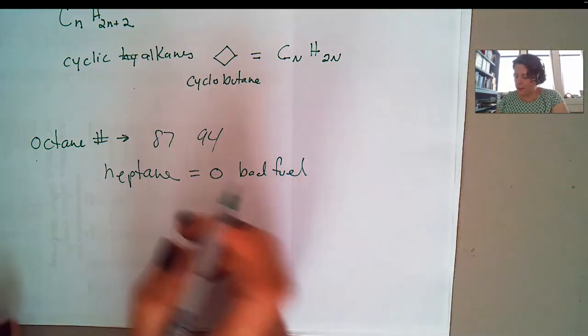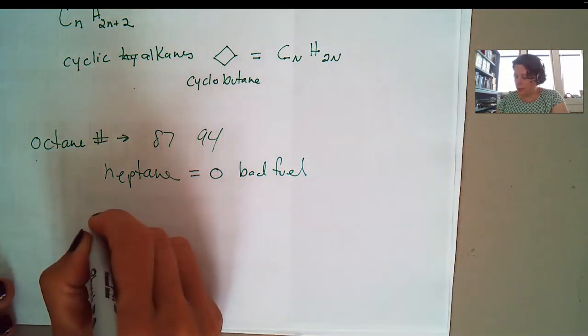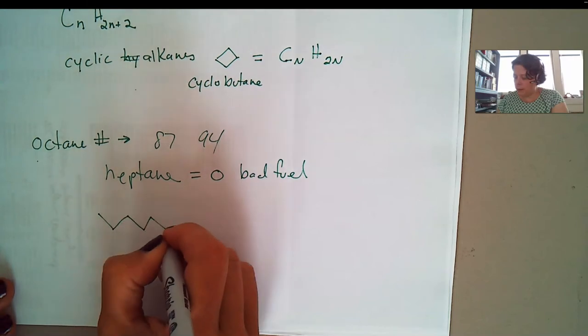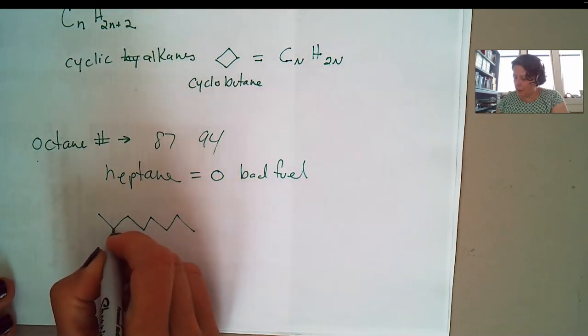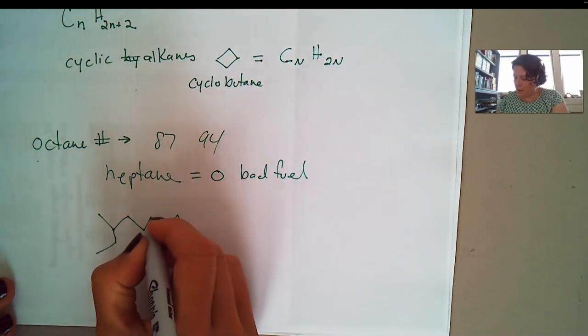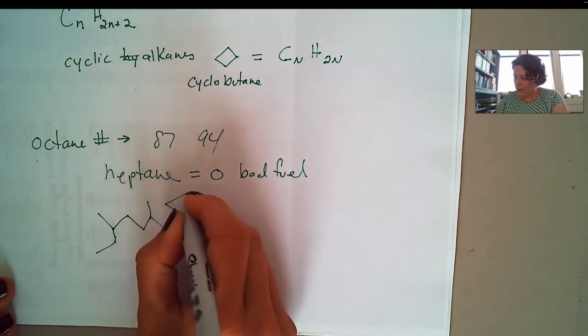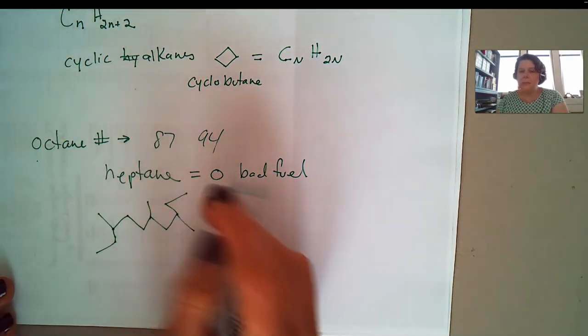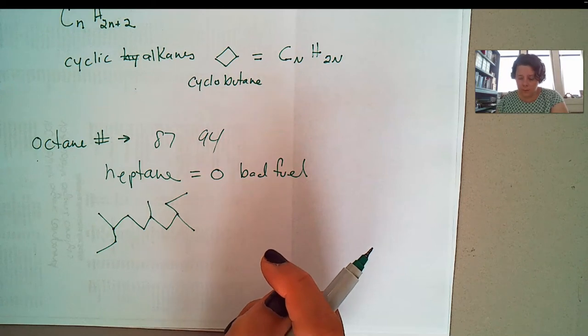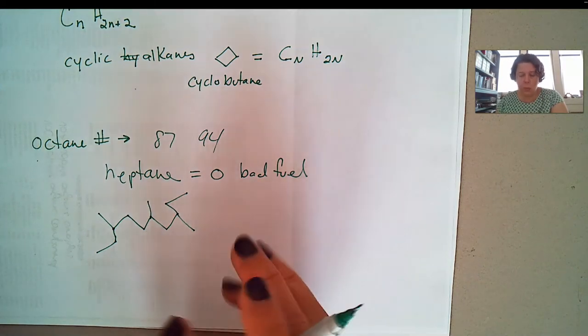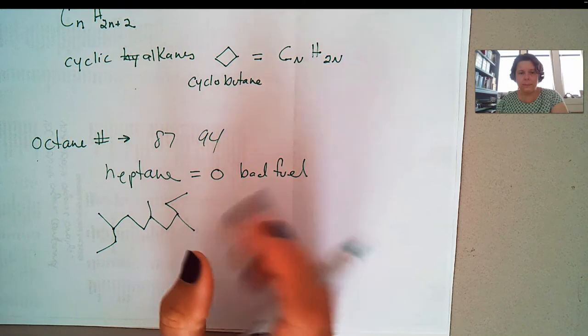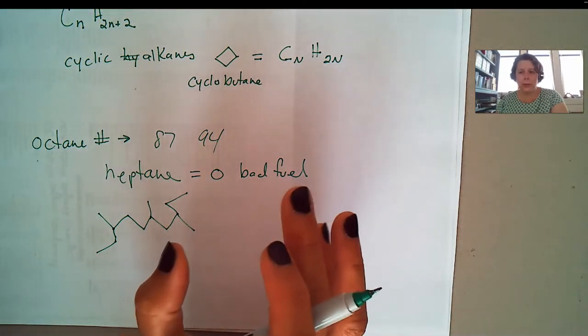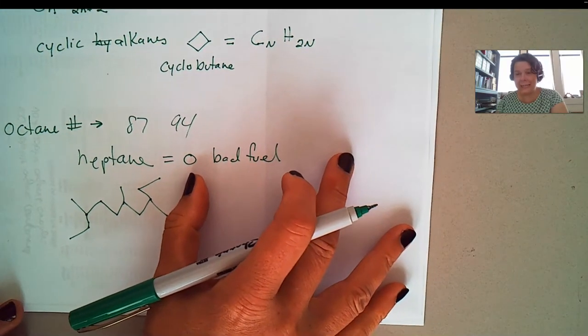If you've got 8 carbons, 1, 2, 3, 4, 5, 6, 7, 8, and I put on another branch here, and a branch here, and another one up in here, this makes for better fuel.